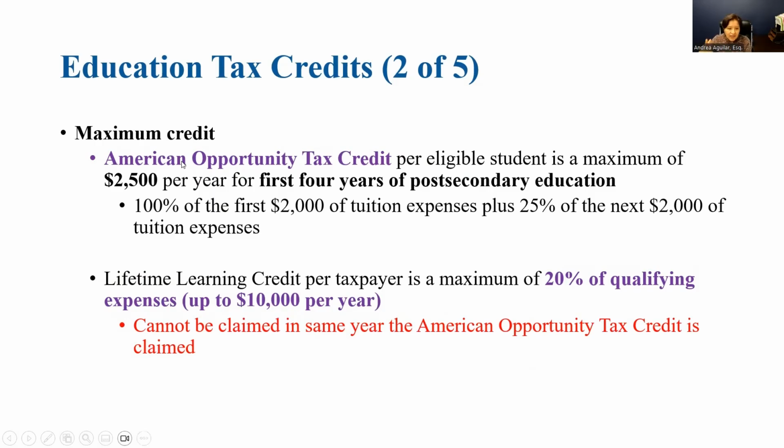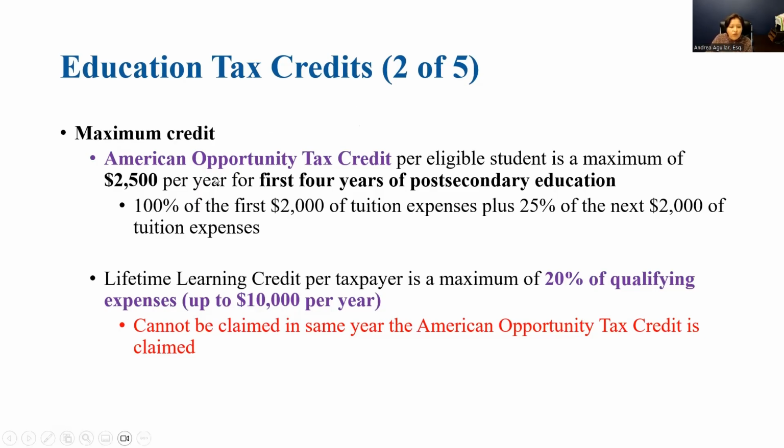What is the maximum credit? Well, if we're analyzing the American Opportunity Tax Credit, the maximum amount will be $2,500 per year for the first 4 years of post-secondary education. It is 100% of the first $2,000 of tuition plus 25% of the next $2,000 of tuition expenses.